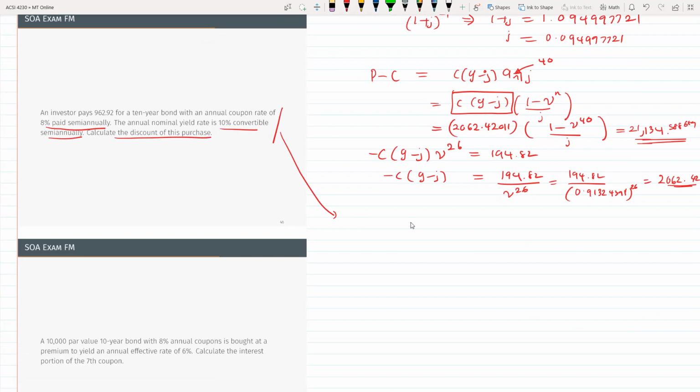So basically, C is bigger than P. So C minus P is then C times J minus G, A and J. That's the formula. So price is given. So this is basically discount amount. And the price is given as $962.92.